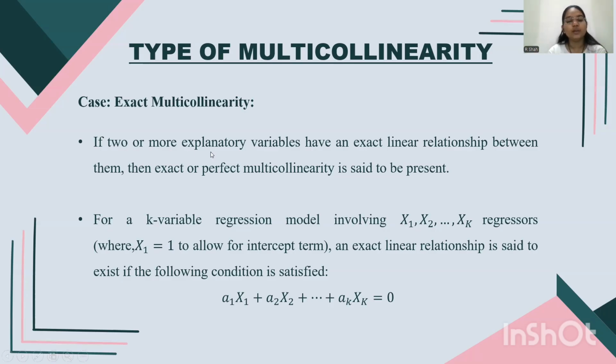If two or more explanatory variables have an exact linear relationship between them, then exact or perfect multicollinearity is said to be present.